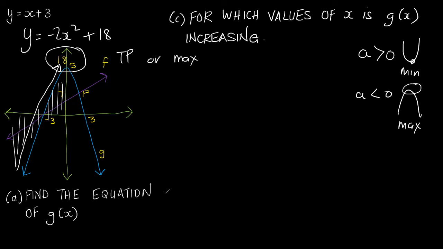So therefore we know that at 0 the graph will be 18, because we know that that's our intercept. So it will be all the values that are below 0. So therefore we will say for x less than 0. Now for all the values x less than 0, this graph is increasing.